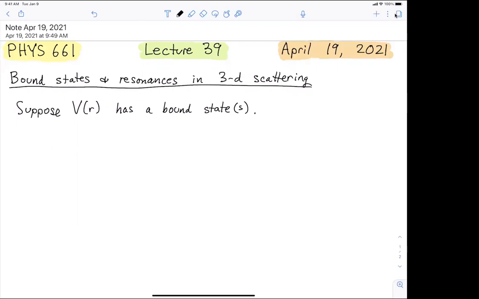So a bound state means that the wave function, this is going to be important in a little bit, the wave function has to go to 0 as r goes to infinity. That's sort of the definition of a bound state.